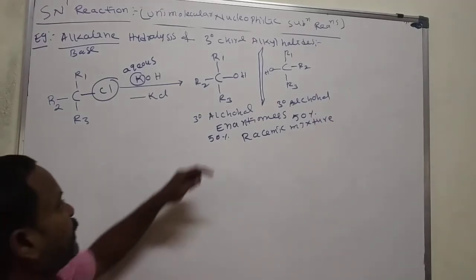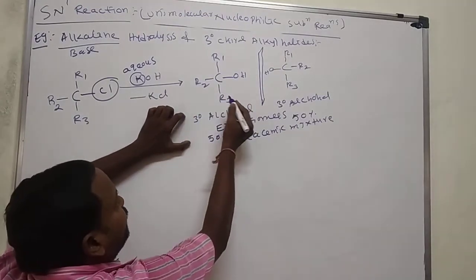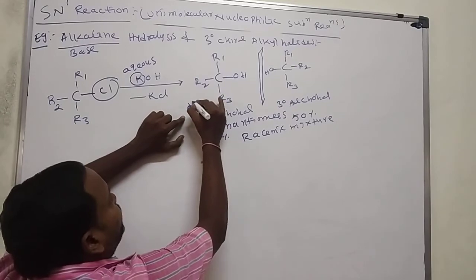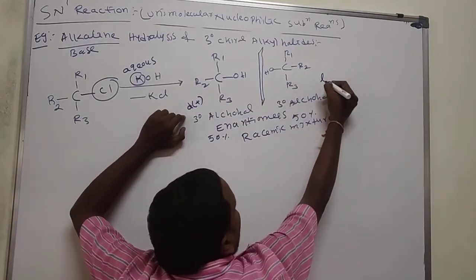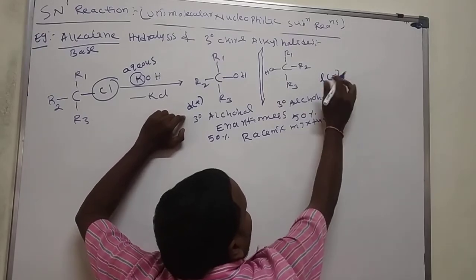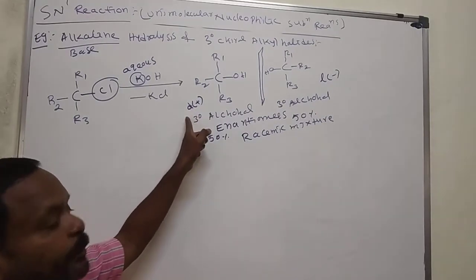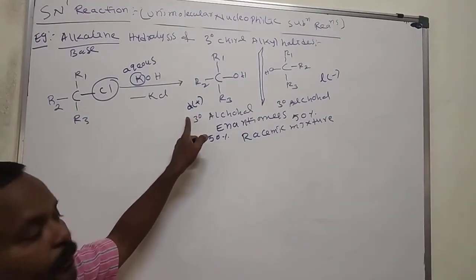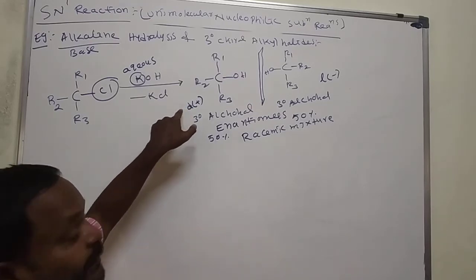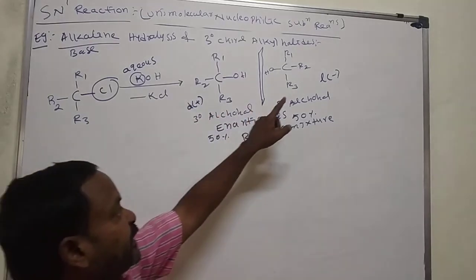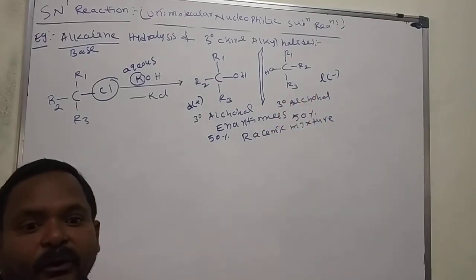Here I said this rotates plane polarized light towards the right side, so we call it dextro, D+. This one rotates plane polarized light towards the left side. If it rotates plane polarized light towards the right side, we call it a dextroisomer. If it rotates it towards the left side, we call it a levoisomer.